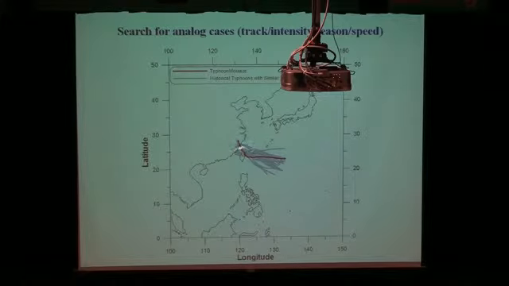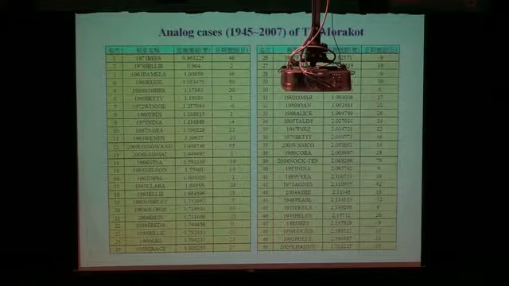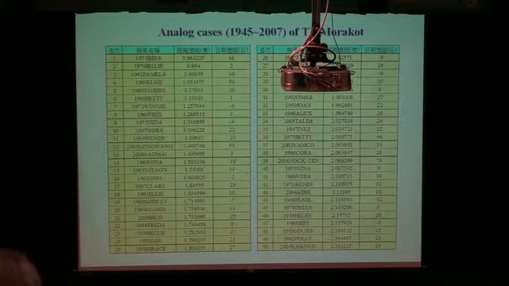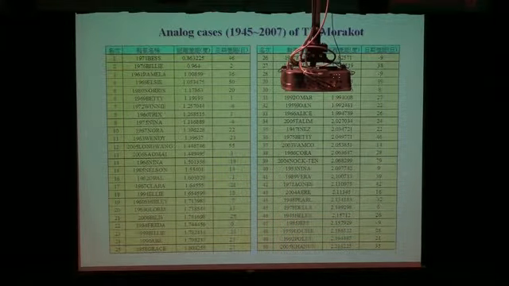For example, for the Morakot case, we search for similar cases, and they can check them like this diagram shows. They have several 50-something typhoons with a similar track to Morakot, and they produce a table listing the names of the typhoons and showing the difference between Morakot and the selected typhoons.